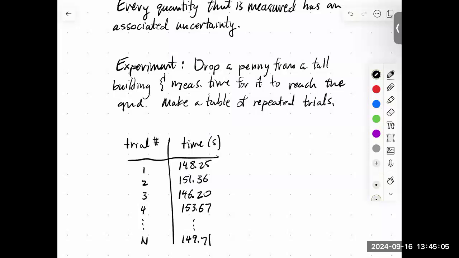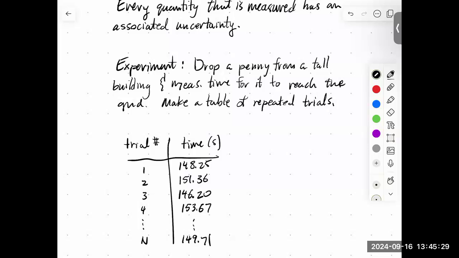What else could happen? Sorry, there are 2 things. Wind? Okay, yeah, that's right. So if there's a crosswind, then as the penny falls, maybe it's getting blown off to the side, and that wind might be a little bit different each time you drop it. There was something else. Did someone else say?